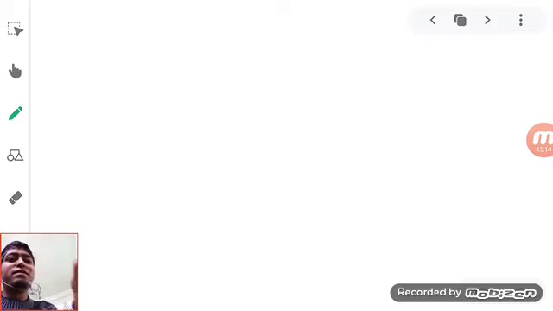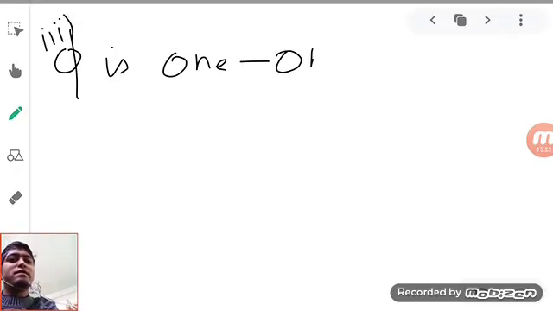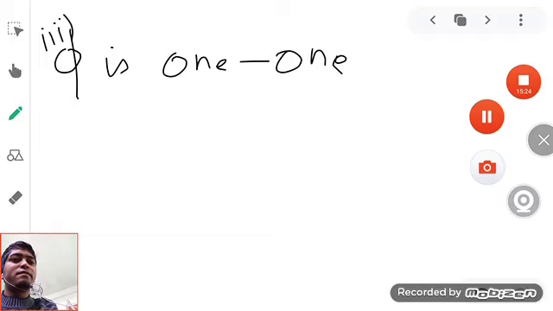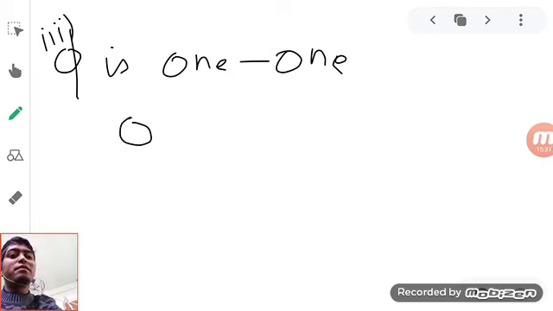Next, what we will do is proving that phi is 1-1. This is the third stage. This third stage is actually the reverse of stage 1, because in stage 1, just as I said, we were doing the reverse of 1-1. So most of the times, this will be the reverse of stage 1. But I will just write it down anyways.